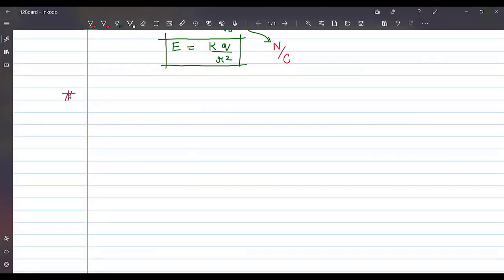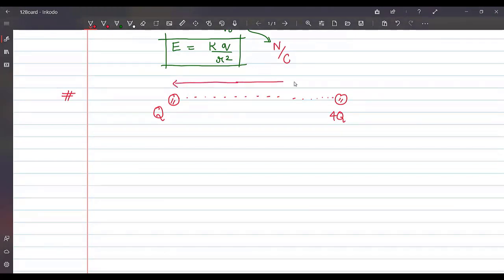Suppose there is a charge Q, and another charge 4Q here. You want to find a point somewhere between these two charges where, if you keep a third charge, the net force is 0.